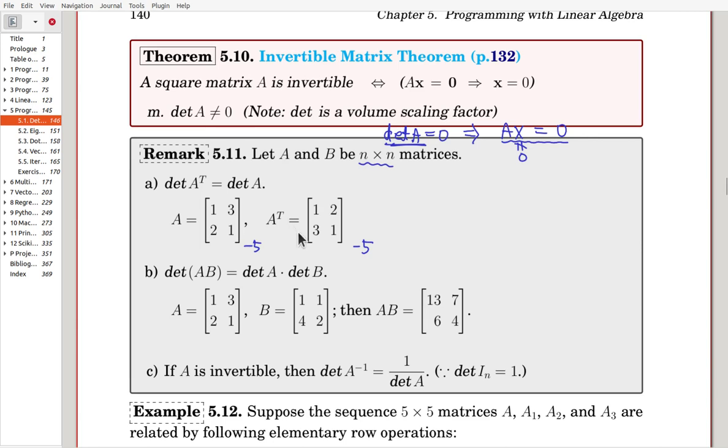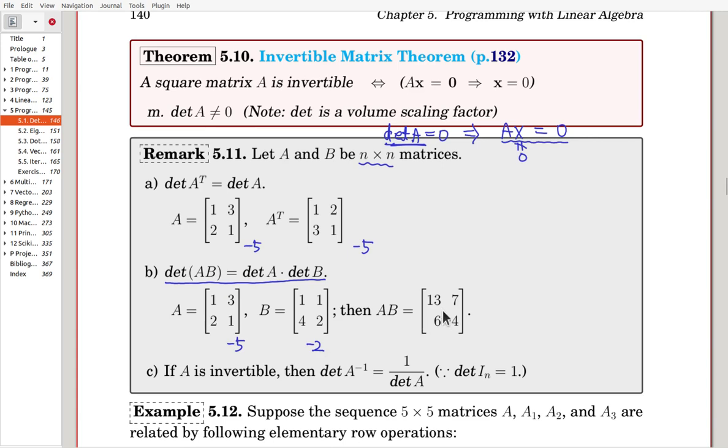Okay, for the product of two matrices AB, the determinant of AB is the same as the determinant of A times the determinant of B. It will be used quite frequently. Here, the determinant of A is minus 5 and the determinant of B is 2 minus 4, so that's minus 2.